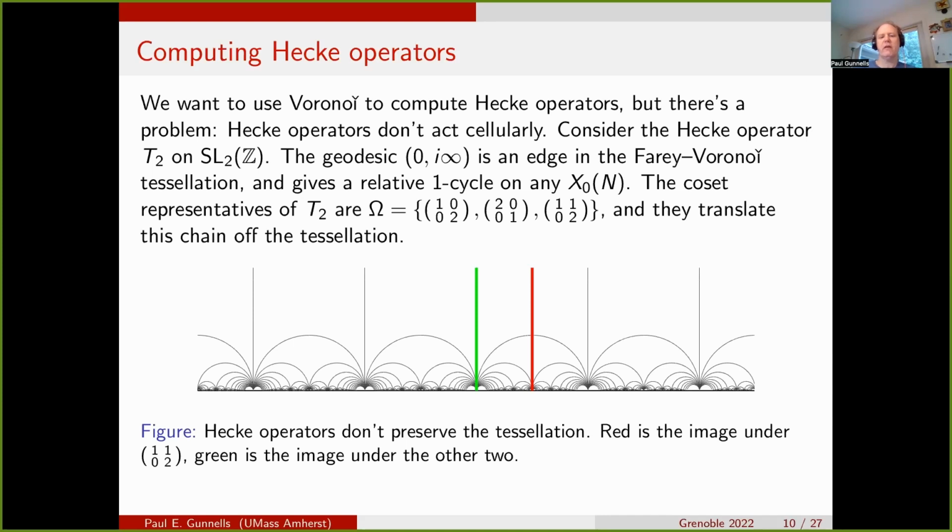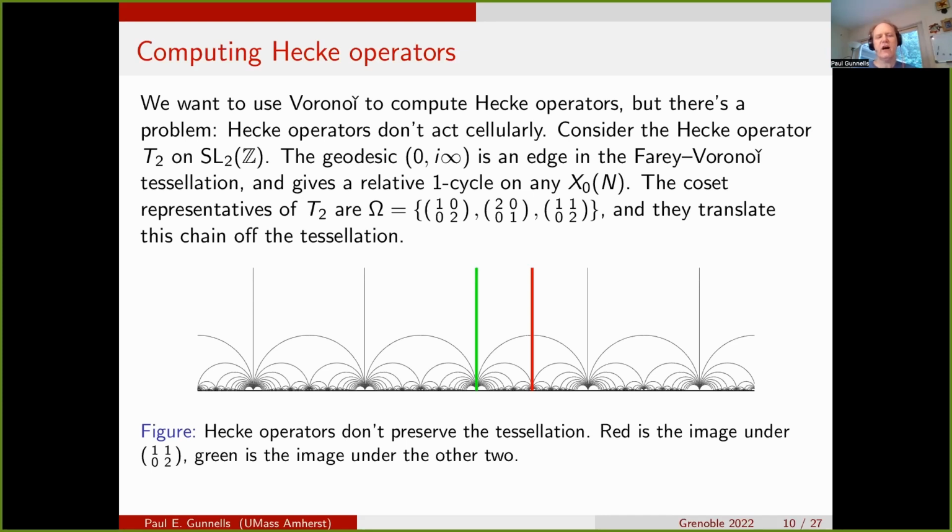If you think about things in terms of the locally symmetric space and what those cells look like when you draw them on the locally symmetric space, you realize immediately that they will not be preserved by these operators. So here's a simple example to show that. We're going to take the operator T2 on SL2Z, and I want to compute something with it and see an example of this problem.